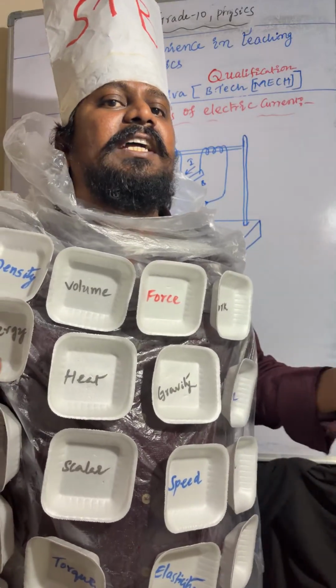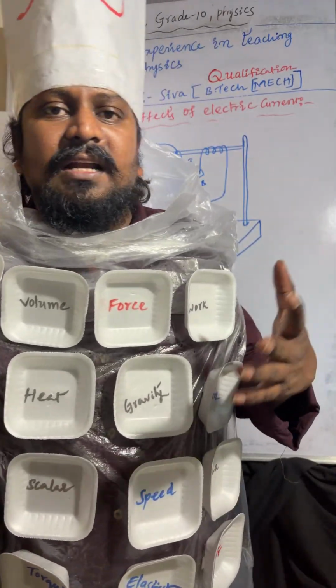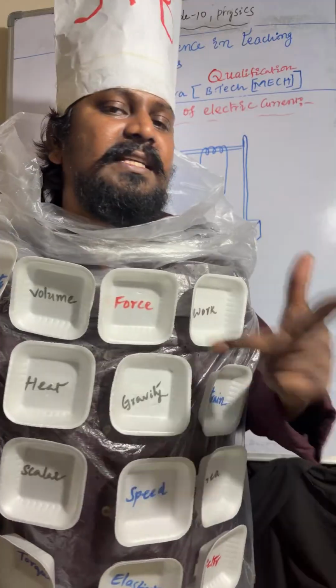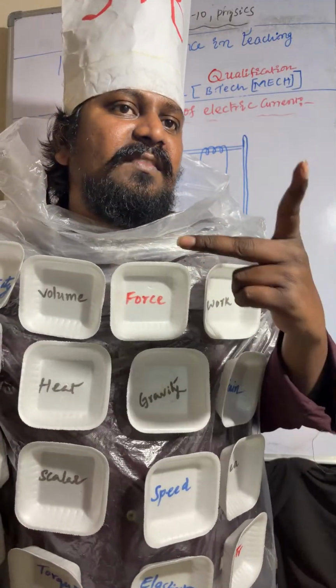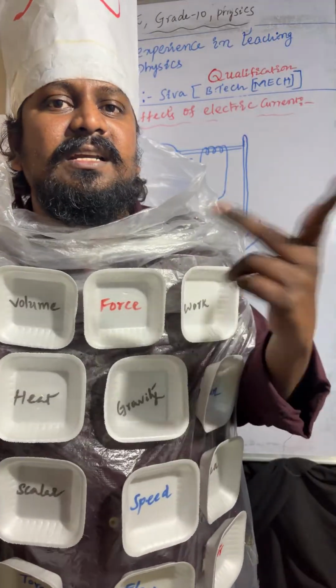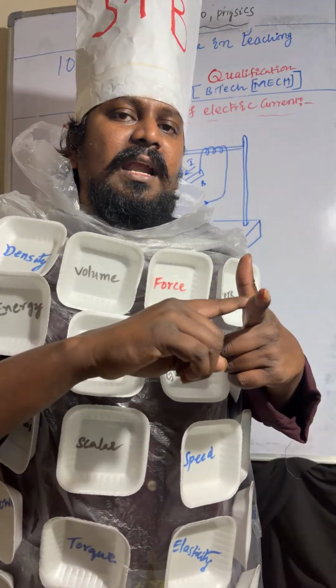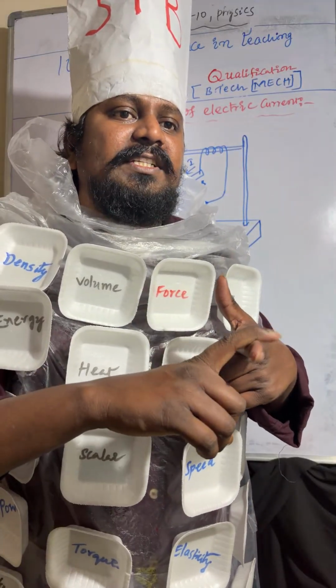Understood? In which direction will the conductor move? By using Fleming's left hand rule, we can understand in which direction the conductor will move. By using Fleming's left hand rule, the index finger shows the magnetic field direction.